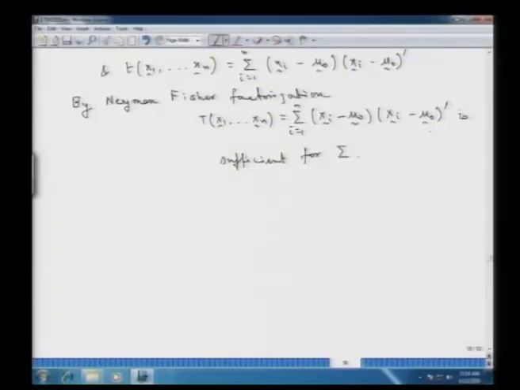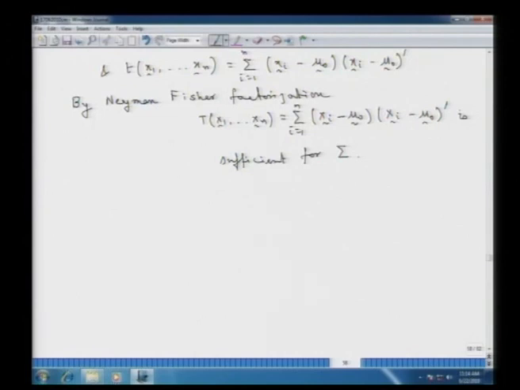Then the x bar vector is going to be sufficient for the unknown mean vector mu. In the third case we had the mean vector mu known to us, say equal to mu naught, and in such a situation this matrix T, this statistic, is sufficient for the sigma matrix. That is all about the sufficiency possibilities when we are considering a multivariate normal distribution.